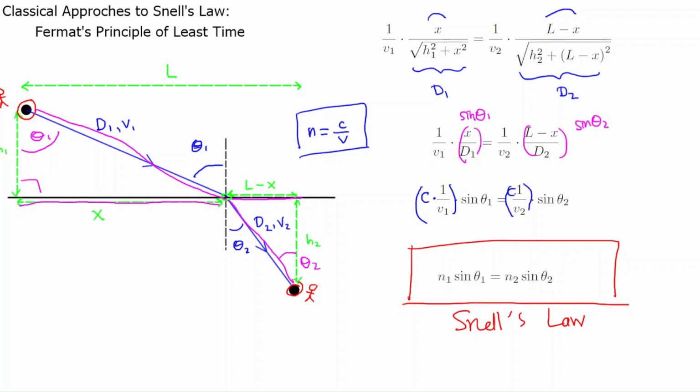So do things obey Snell's law because there's a wave property happening, or do they obey Snell's law because of a least time principle? Now, it may be deeper than either one of those. But Fermat, I believe, just wanted to show that there was an alternate approach that could explain the same thing.